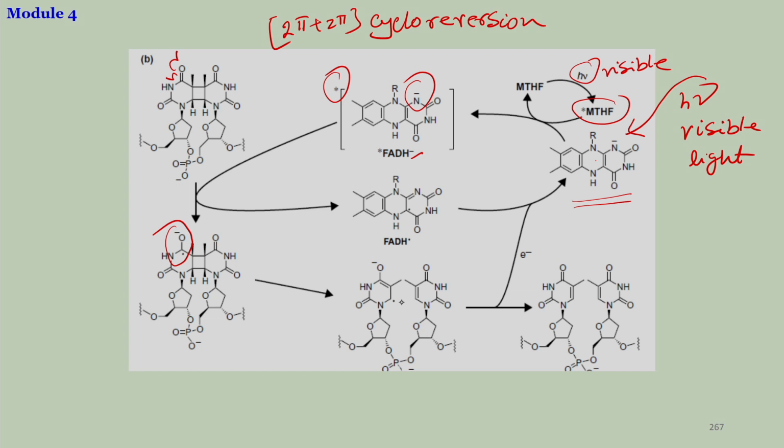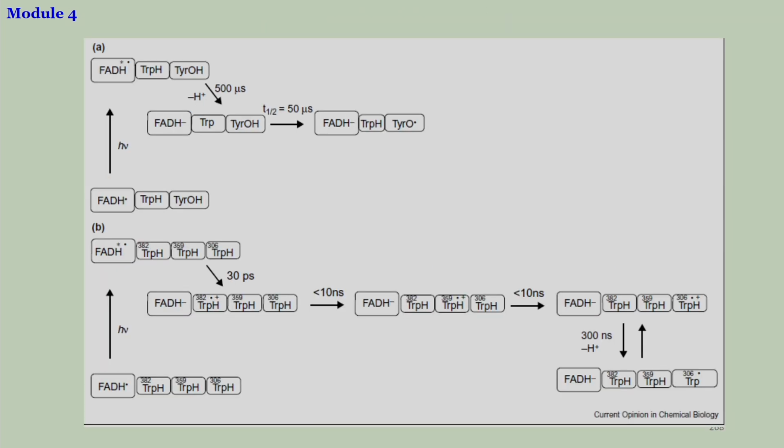So, unwinding, basically a reversible process. It forms this, ultimately it generates this radical, and that radical again goes back, the electron goes back to the MTHF, and you have your repaired DNA, or the CPD gets repaired. So, that is how the photolyase acts for the CPD lesions.